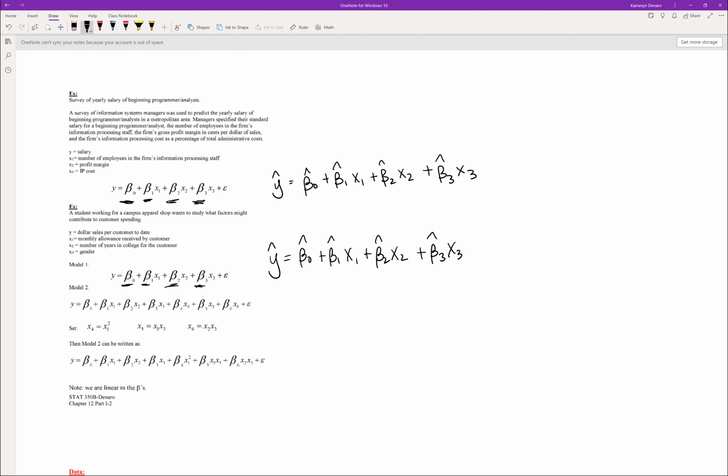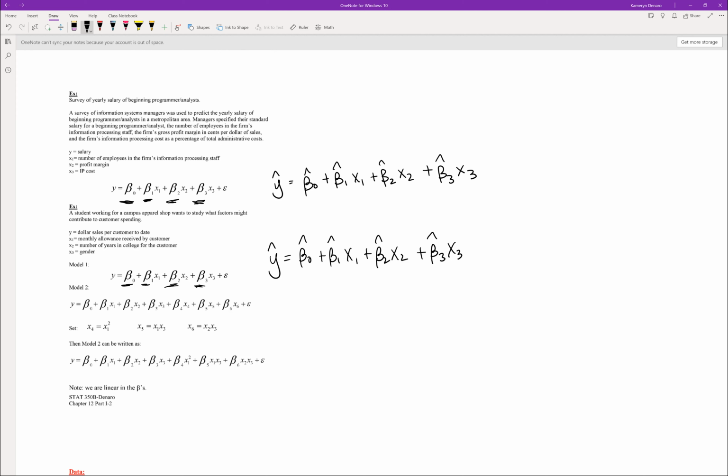So model 2 is an interactive model where instead of just having beta 0, beta 1, beta 2, and beta 3, we're going to have beta 4, which is the slope we're going to estimate associated with a transformation of X1.